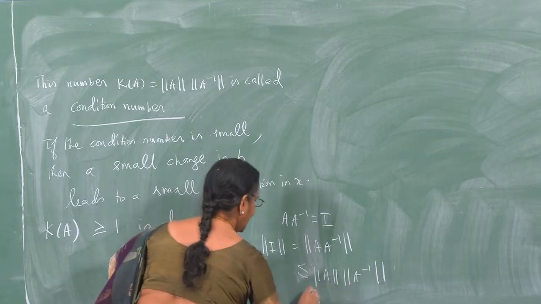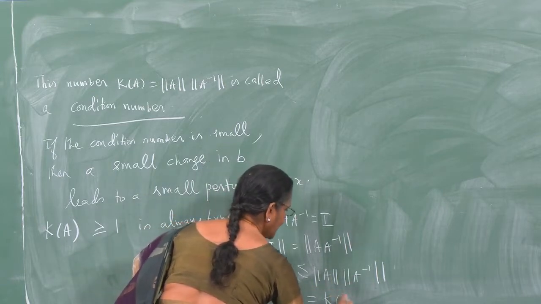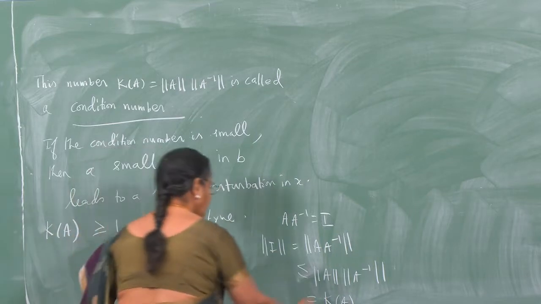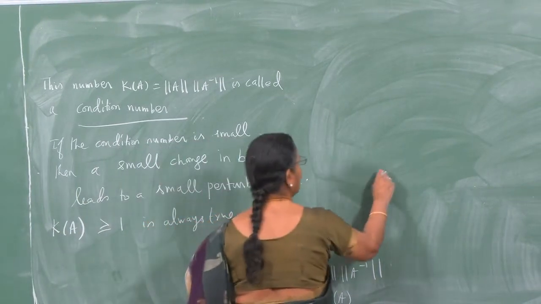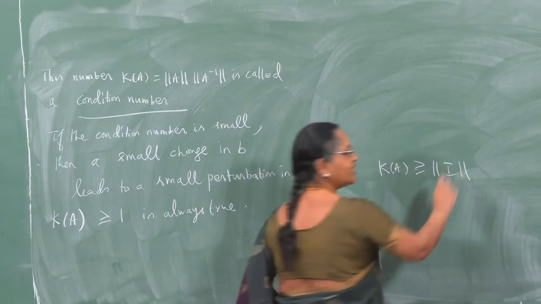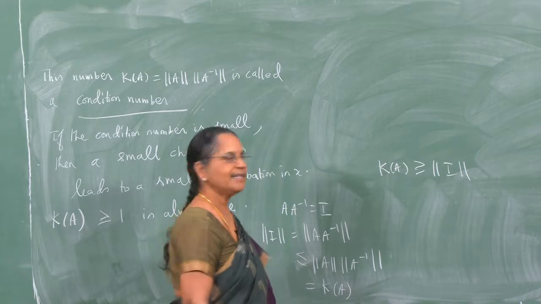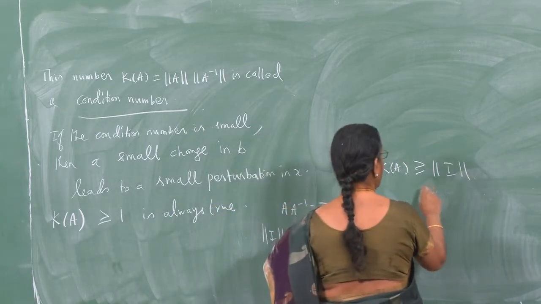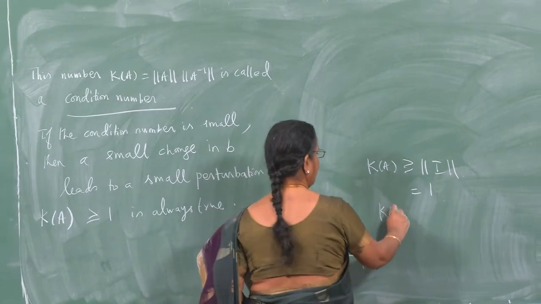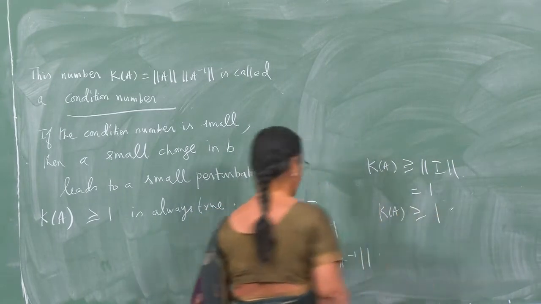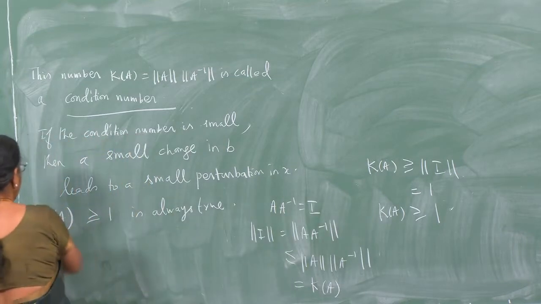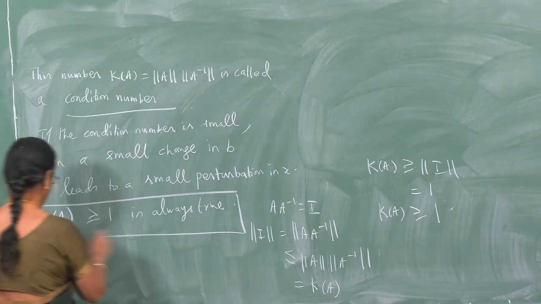But what is it? That is what we call the condition number of the matrix A. So, the condition number of the matrix A must be greater than or equal to norm of I. What is I? I is an identity matrix. So, this will be 1, and therefore, K of A, the condition number, has to be greater than or equal to 1. So, this result is always true.